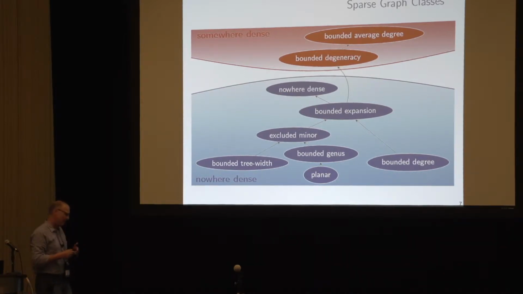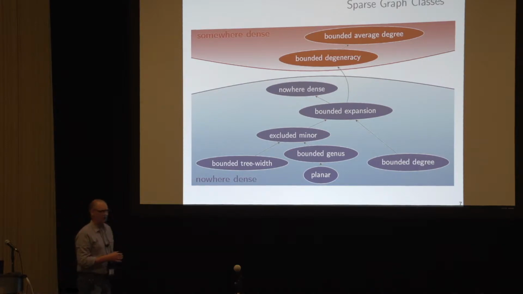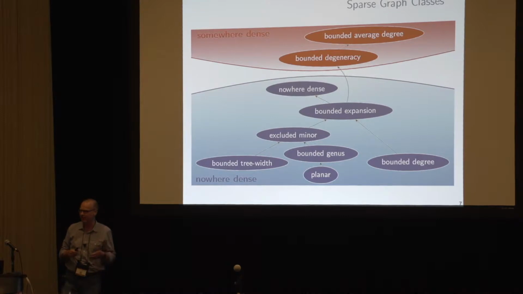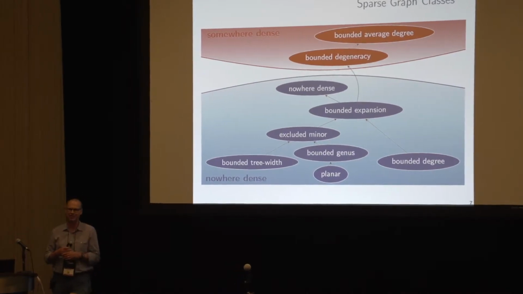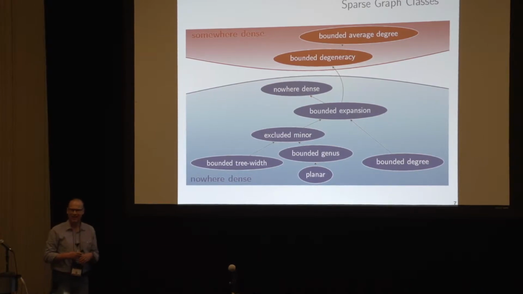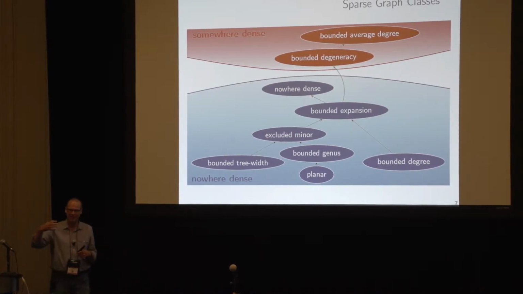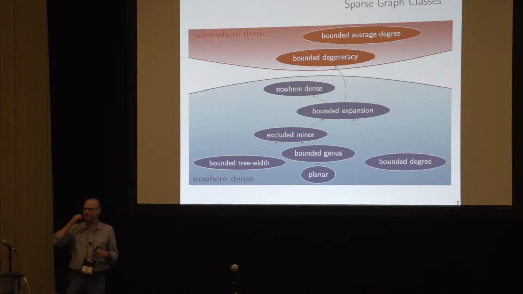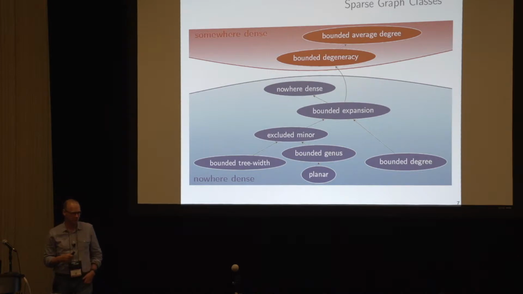Then we can say, okay, we somehow must distribute this bounded average degree evenly, and there's bounded degeneracy, which does this to some extent, and then nowhere dense does it a bit more. Basically it makes sure that whenever you look at small substructures in a certain sense, the average degree will be small.